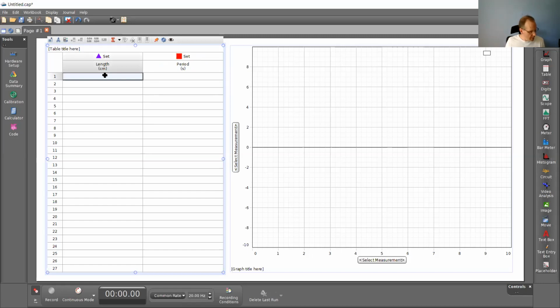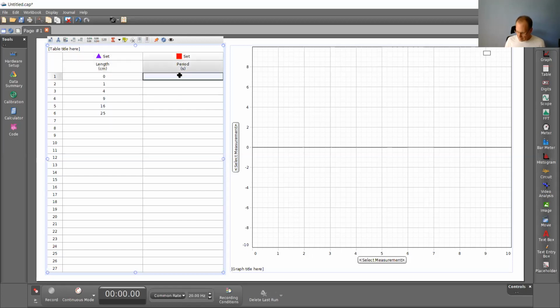I'm going to make up some data. Let's say my lengths are 0, 1, 4, 16, 25. I'm just making up some reasonable data that will give me, oh, you know, I forgot 9 here. Let me do 9 as well: 9, 16, 25.